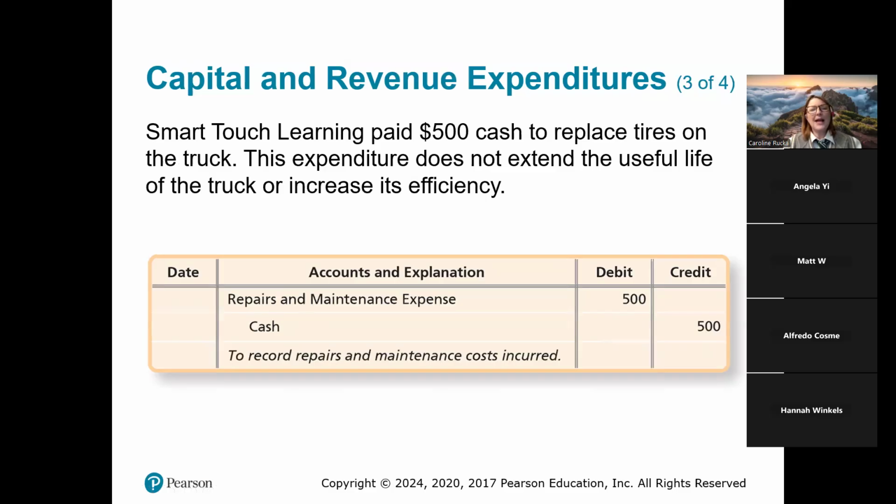Okay. However, on the flip side of that, if we pay 500 cash to replace the tires on that truck, that's just a wear and tear item. Okay. So we expense that to repairs and maintenance and reduce our cash by $500.